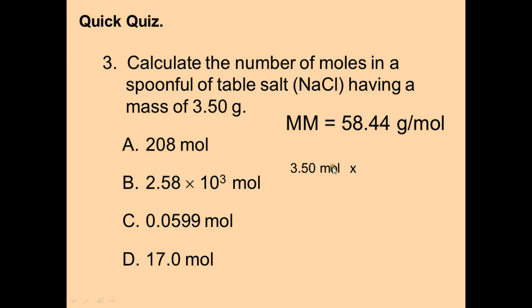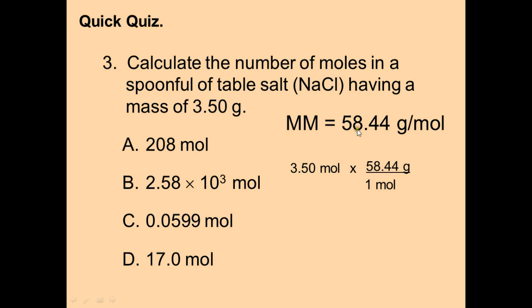This is a typo on the screen, so just ignore this. We start with 3.5 grams, and grams is supposed to go on the bottom, so we would divide it by 58.44 grams, and 1 mole goes on the top.